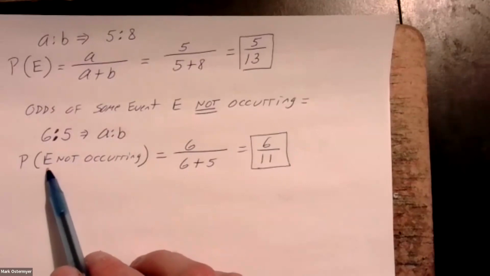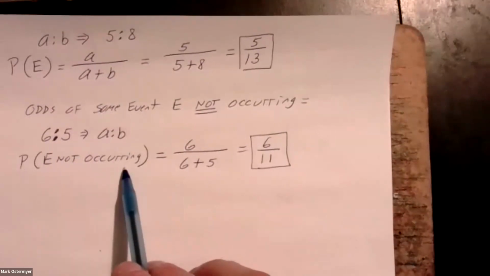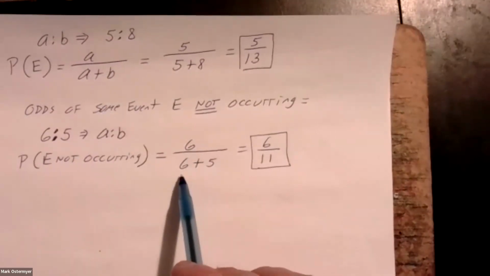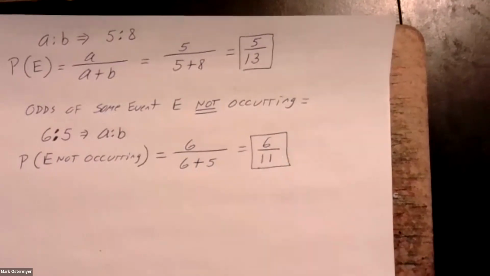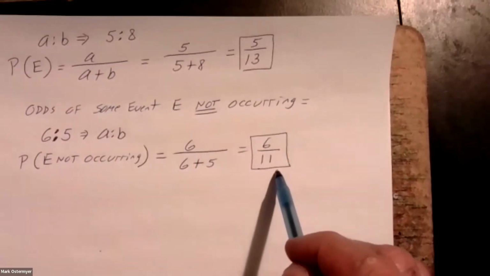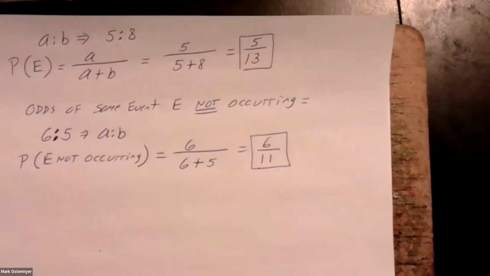Therefore, the probability of event E not occurring would be 6 over 6 plus 5, or 6 over 11. That's the probability that event E will not occur. Did we get that probability there? Okay.